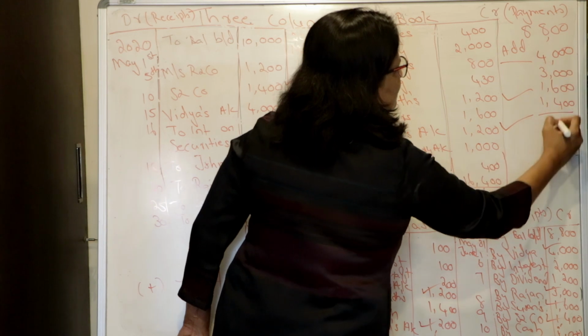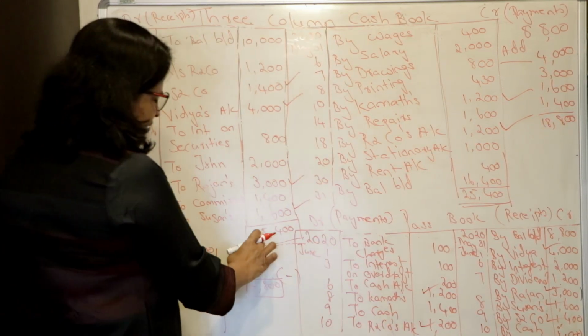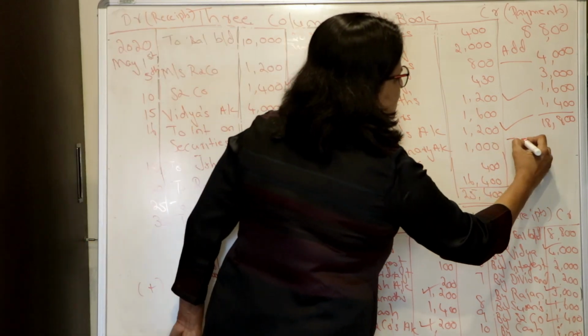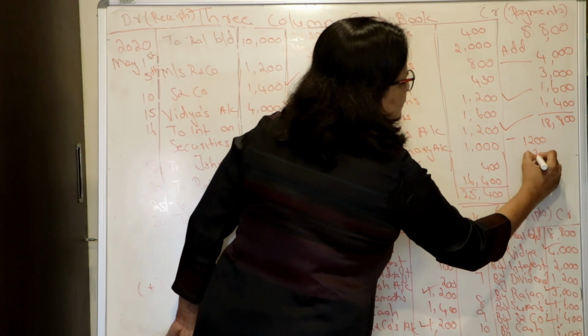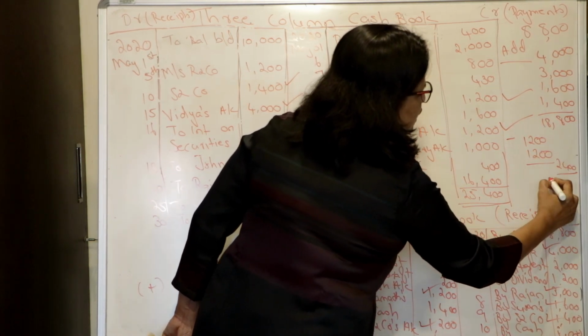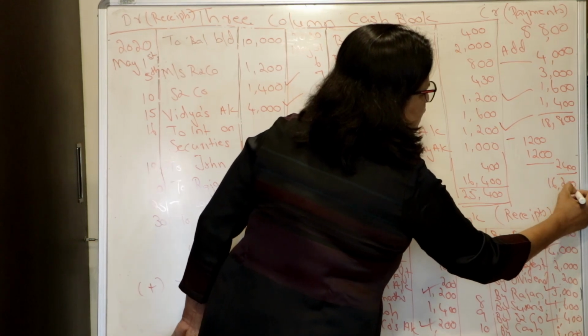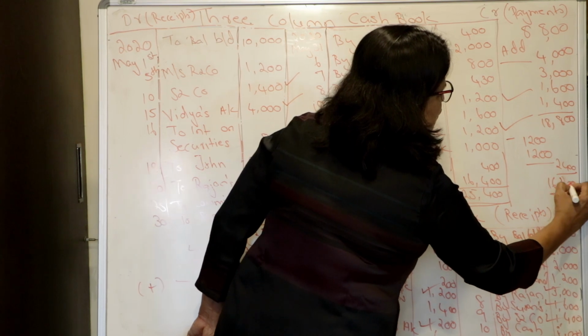So you will get 18,800. Now you have to minus these two values, minus 1,200 and 1,200. That means 2,400. So when you are reducing, you will get 16,400, that is the cash book balance.